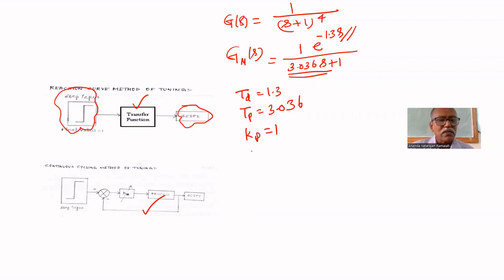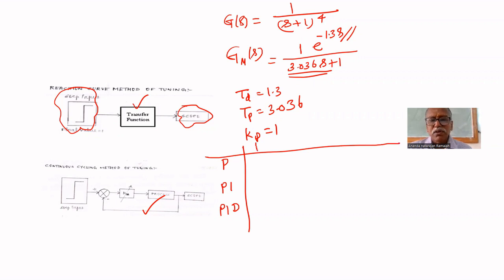So now we can find the tuning parameters for the P controller, PI controller, and PID controller. We have to find Kc, Ti, and Td. Small d is used for dead time, that's why let us put capital Td.